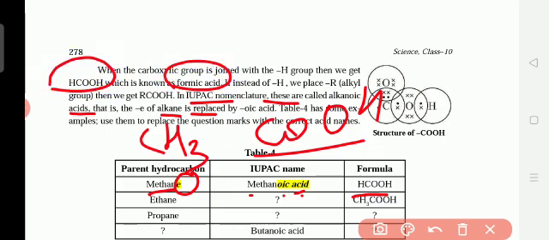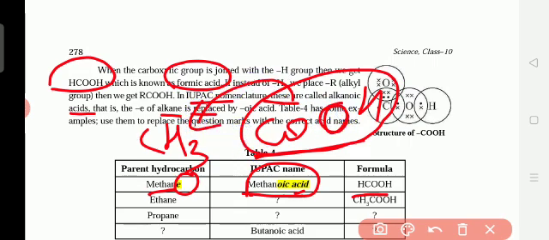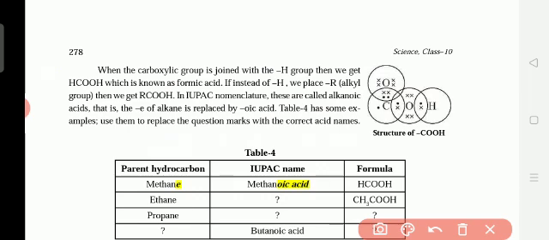Another name for the formic acid is methanoic acid. So when we add the functional group COOH, carboxylic acid, it replaces the alkyl group, the CH3 group. So one H only remains, so HCOOH. In another case, what? Ethane.